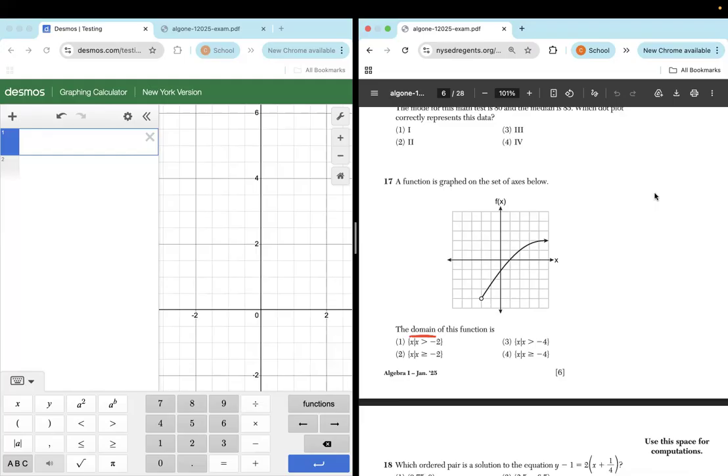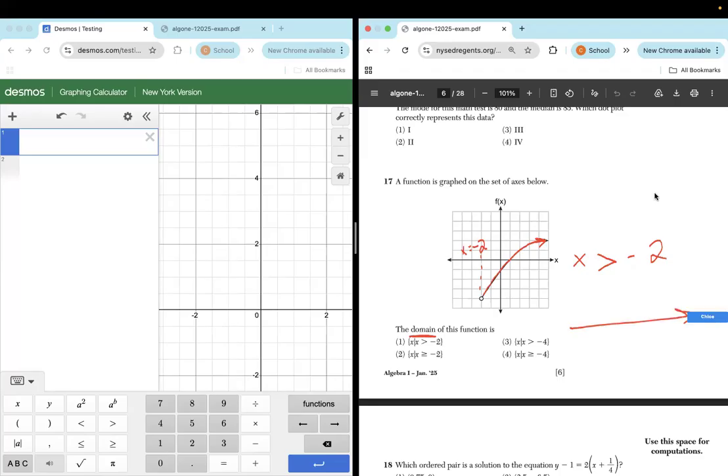So on my x-axis, I can see that the function starts over here, which is at x equals -2. So I know the graph starts at -2 and then it continues to the right. As I travel to the right, my x values are getting larger. So that represents everything where x is starting at -2 going to the right means x is greater than -2.